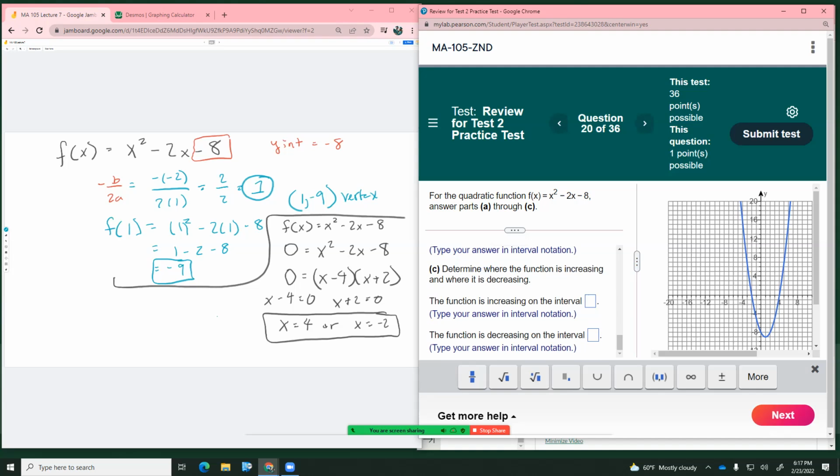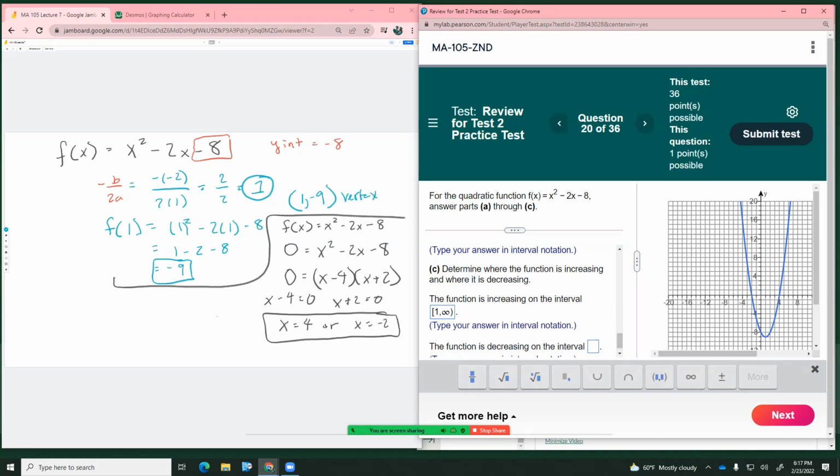Determine where the function is increasing. All right, it's increasing everywhere after x is equal to 1, right? It's going up everywhere after x is equal to 1. So therefore, we're going to use, I think they use brackets, if I'm not mistaken, for interval notation, even though I think that's stupid, but this is what it is: 1 to infinity.